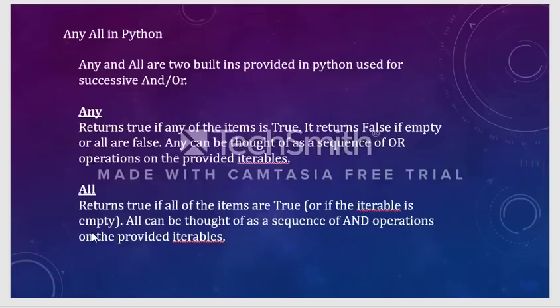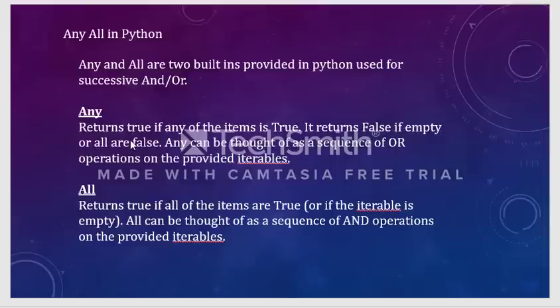Next, any and all. There are two different concepts called any and all. So what is this any and all? Any and all are the two built-ins provided in Python used for successive and, or. So this is also the same as logical and, logical or.